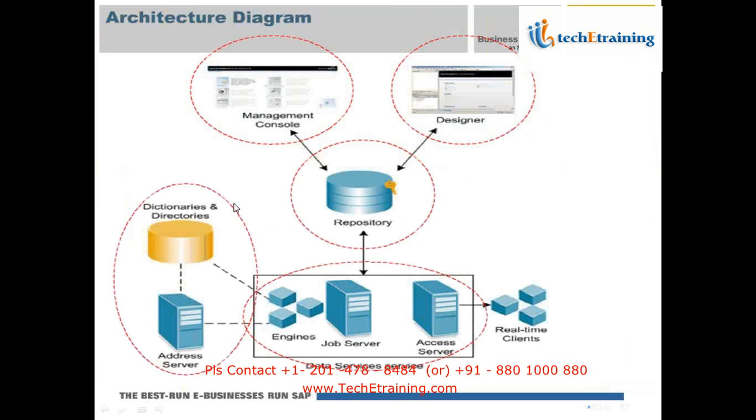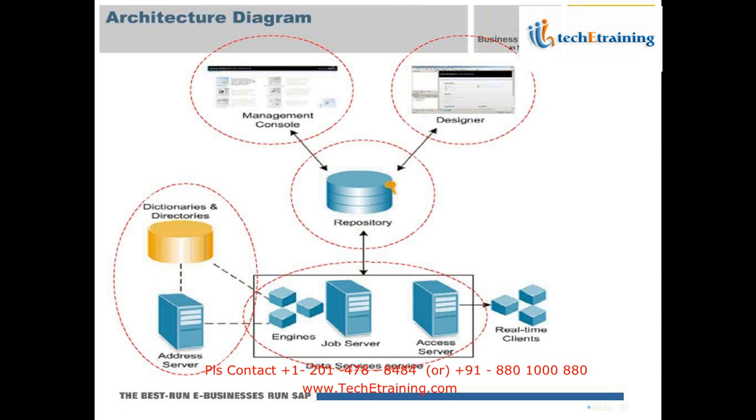Then you have the management console, which is the administration block, a web interface. And the third one is the actual interface on which you will work as a developer or as a migration consultant, and that is called the designer.